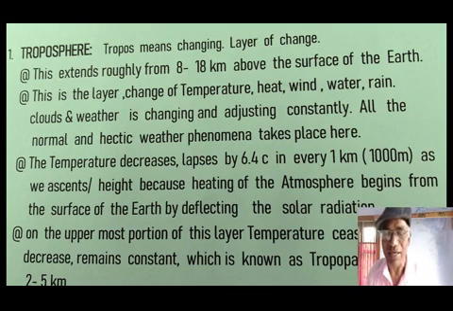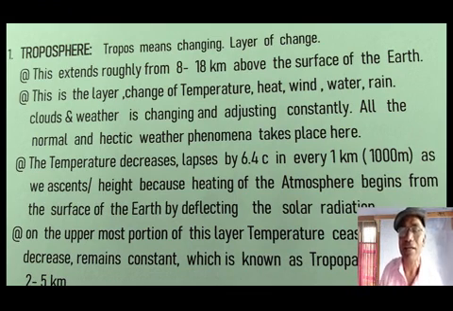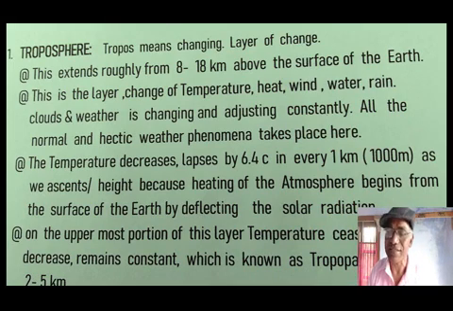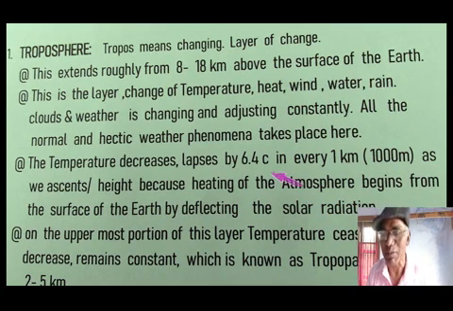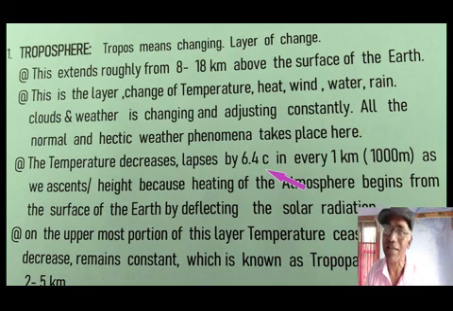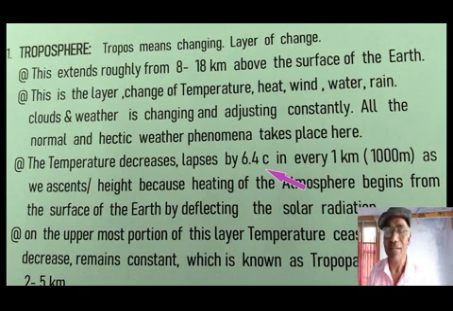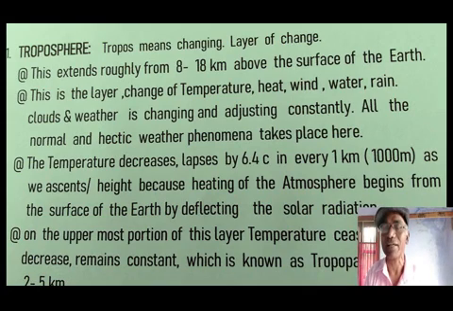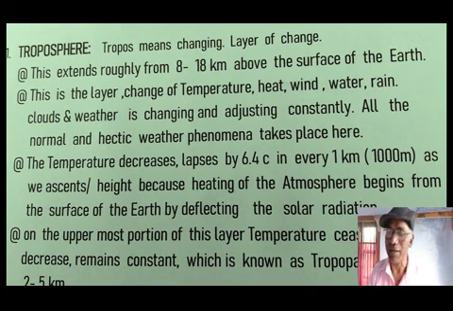The temperature decreases by 6.4 degrees centigrade at every 1 kilometer as we ascend to the heights, because the heating of the atmosphere first begins from the surface of the earth by deflecting the solar radiation.